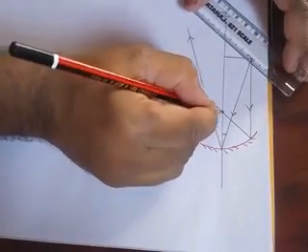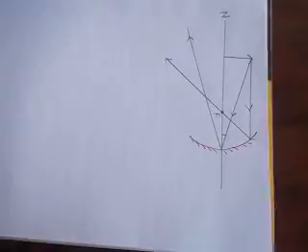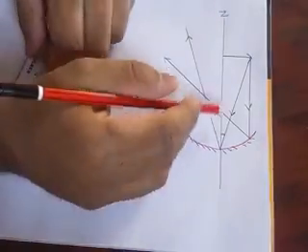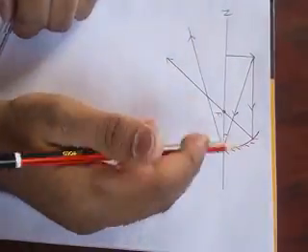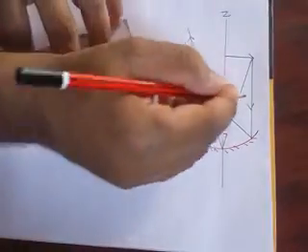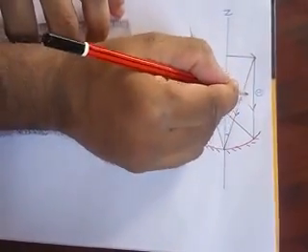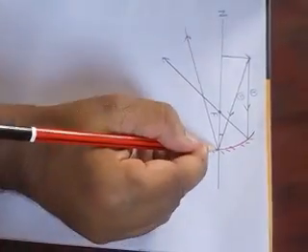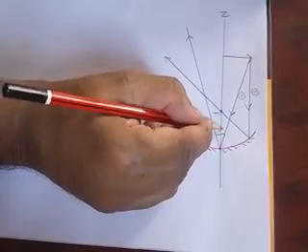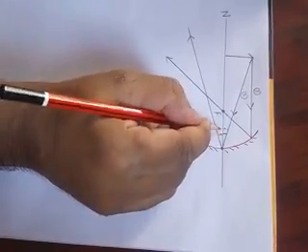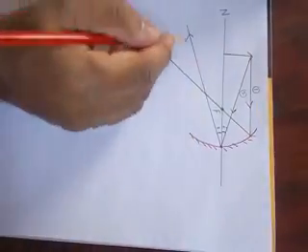Suppose this is the focus of the mirror. So ray number 1 is parallel to the principal axis, so after reflection it will pass through the focus. This is ray number 1. Ray number 2 is incident at the pole, so angle of incidence and angle of reflection are equal, then it will come like this.